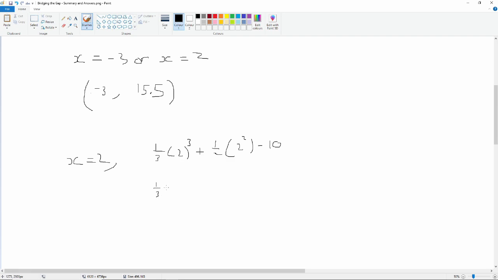Two cubed is 8, so that's 8 over 3. 1 over 3 times 8 is 8 over 3. Plus 1/2 times 2 squared, well, that's just 2. 2 times 2 divided by 2, yeah, that's 2. And then minus 10. So 2 minus 10 is negative 8.